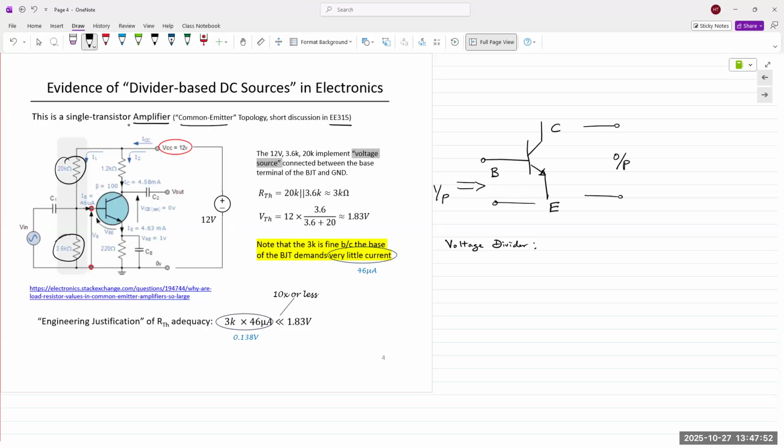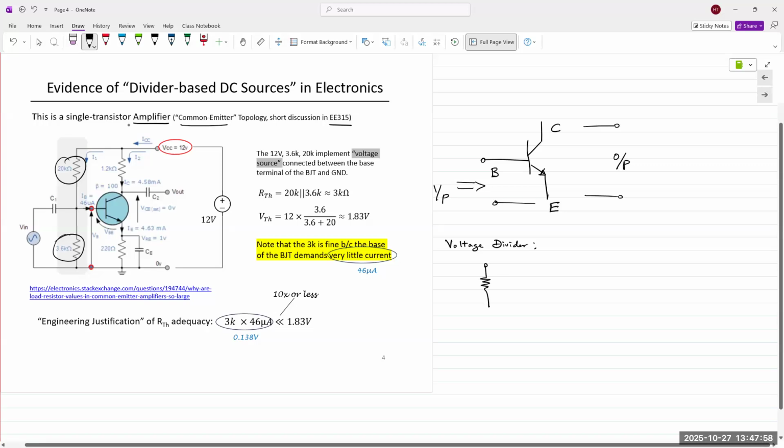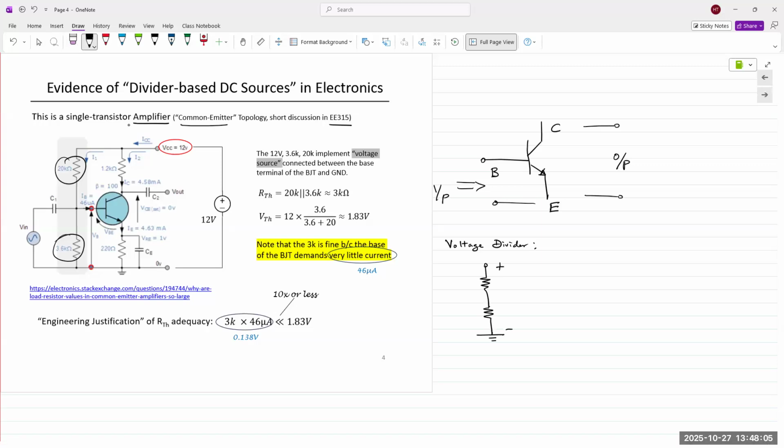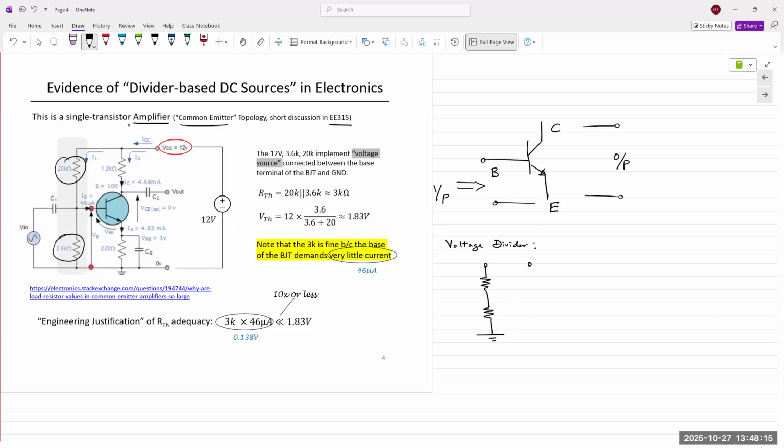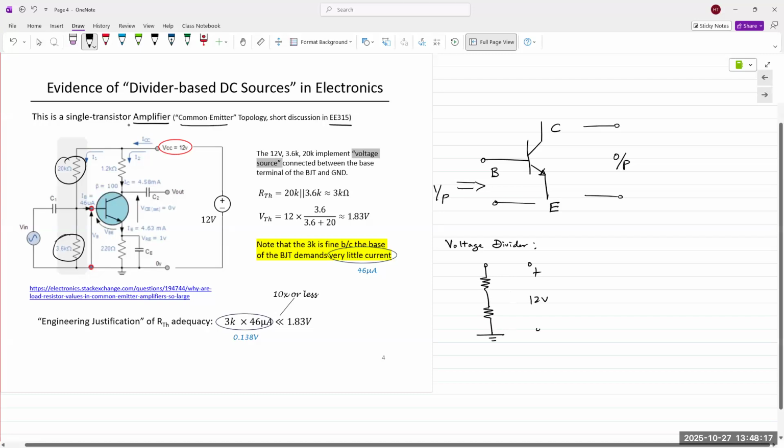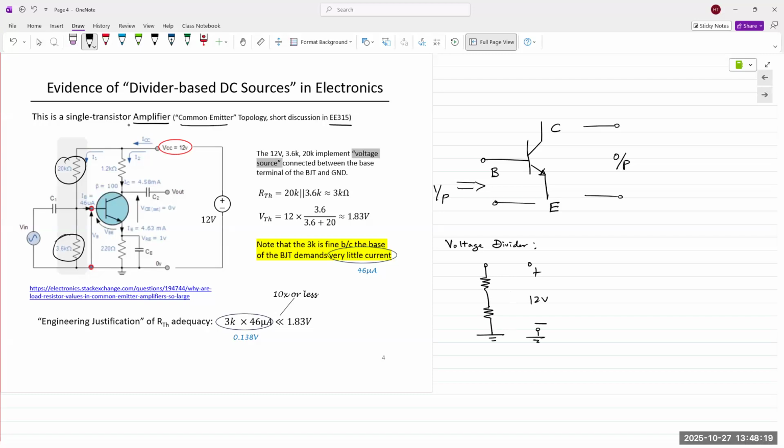And so here, the voltage divider is comprised of the 20 kilo ohm resistor, and you're applying 12 volts between the two terminals.